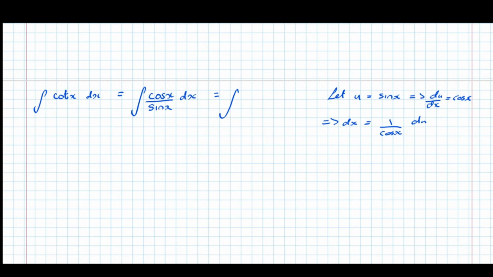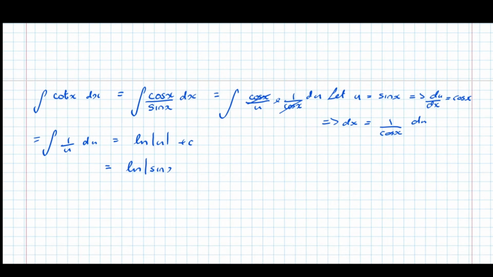So we can change that now to be cos x over u times 1 over cos x du, giving just the integral of 1 over u du. Likewise here, I should have written du, equals log modulus of u plus c, and the final answer log mod sin x plus c. So if you're asked to derive that, that's how it would be expected to be done.